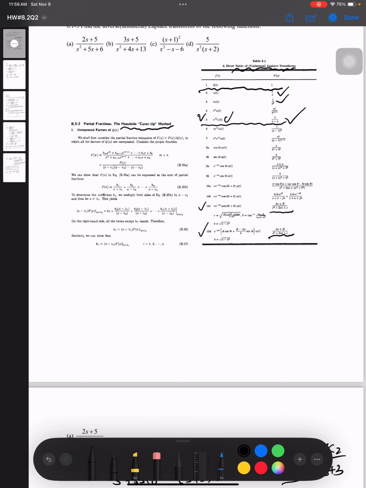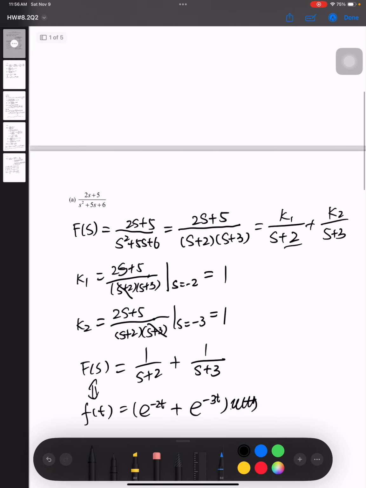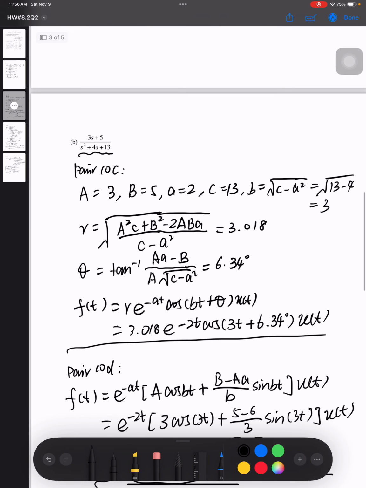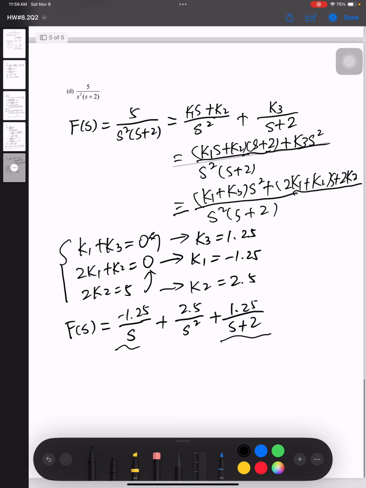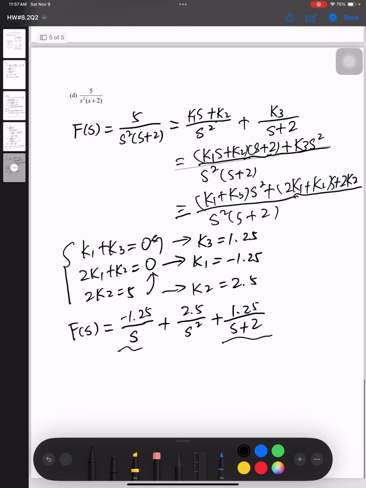This is just u(t), this is t times u(t), and this is e to the lambda t, where lambda is the root. So eventually we can get the inverse Laplace transform for f(t).